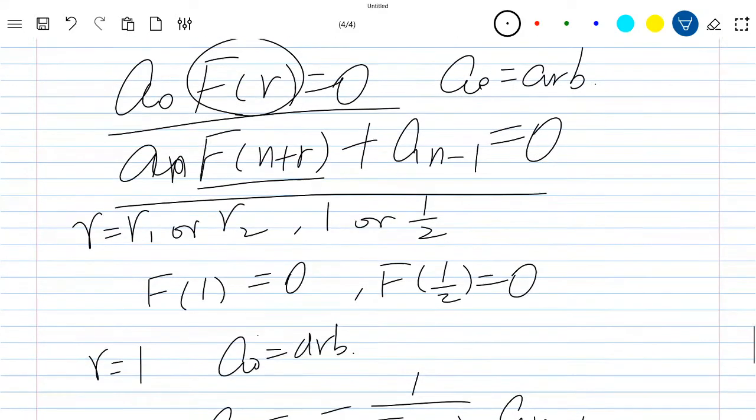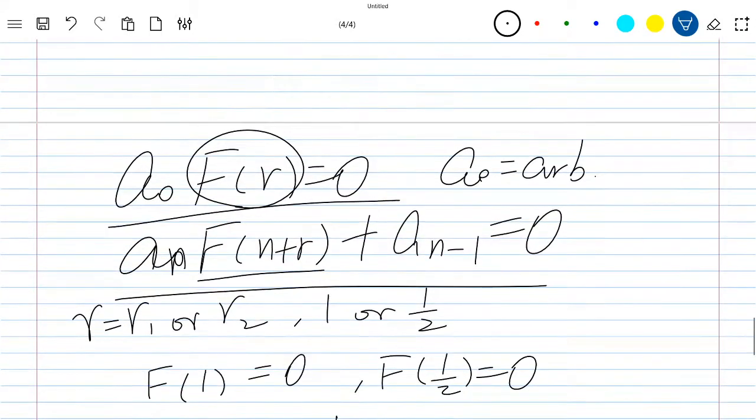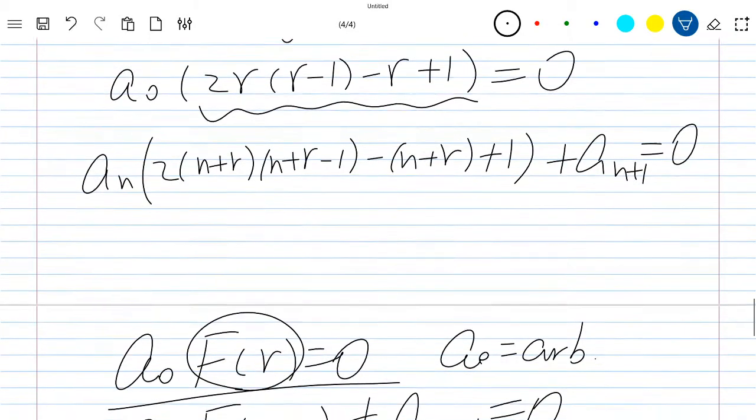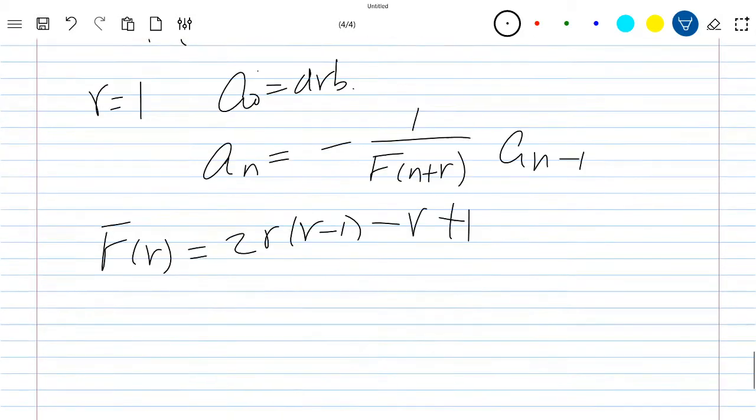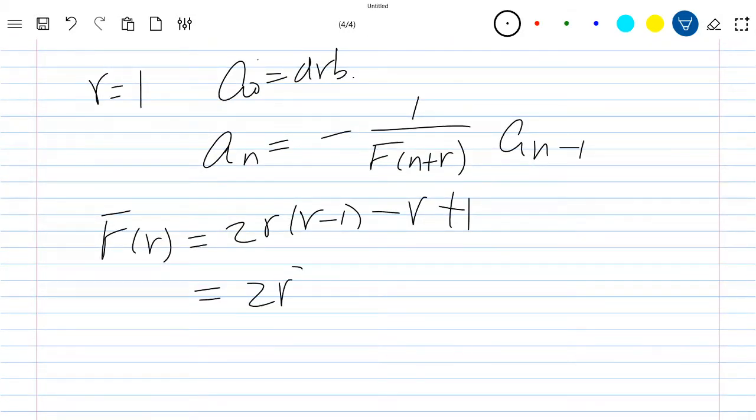Fr equals 2r times r minus 1, minus r plus 1, right? And that means it's 2r squared minus 3r plus 1, and that is r minus 1 times 2r minus 1.